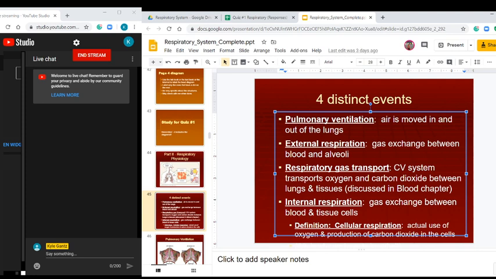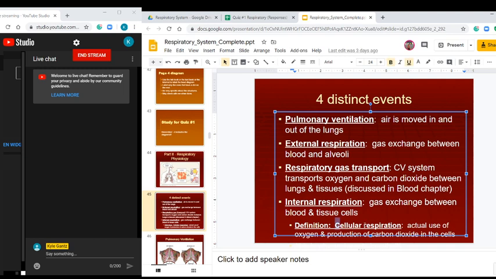So, the ability to get air in and out of us, the ability for gas to exchange from the lungs to the blood, for us to transport that gas around to the tissues that need it, and also for the exchange between the blood and the tissues to make it happen. So cellular respiration is the actual use of oxygen and production of carbon dioxide in the cells.